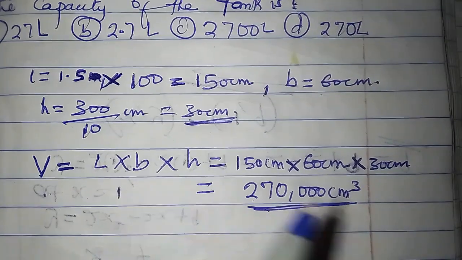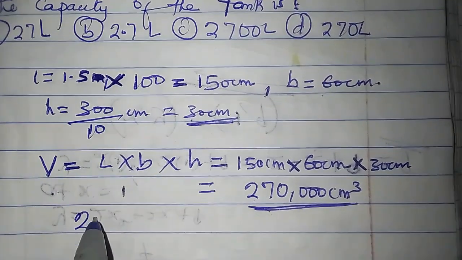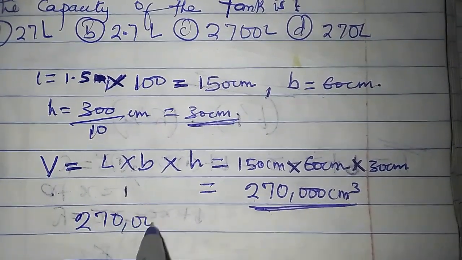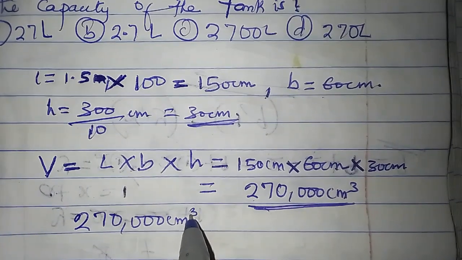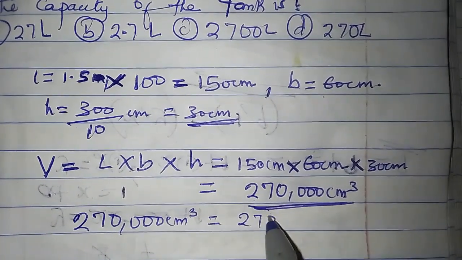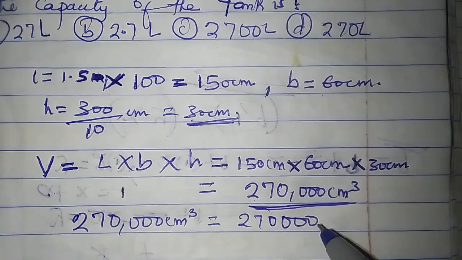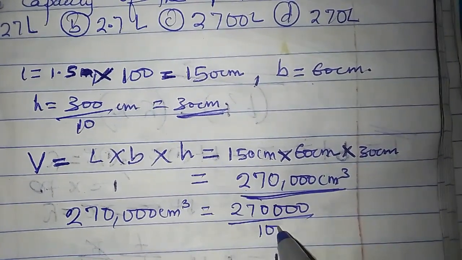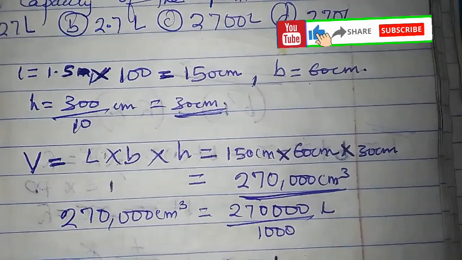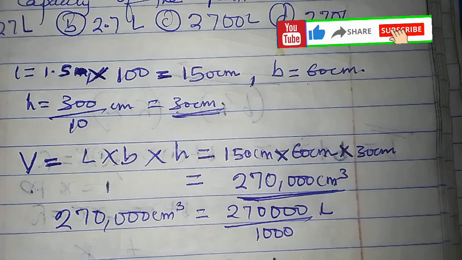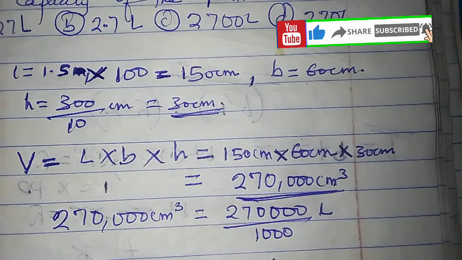Okay, so it means that 270,000 centimeter cube is equal to 270,000 all over 1000 liters. Converting to liters, you divide by 1000.